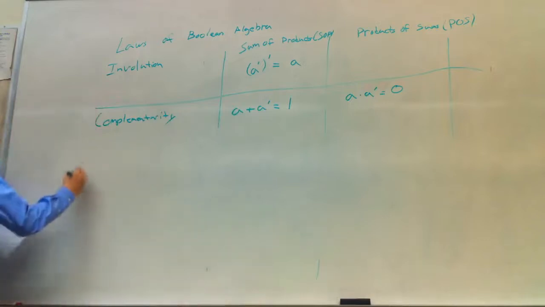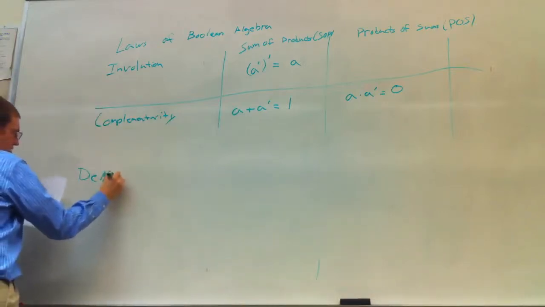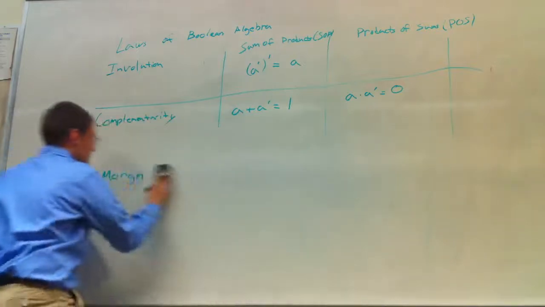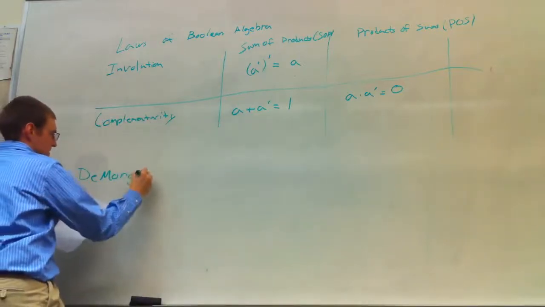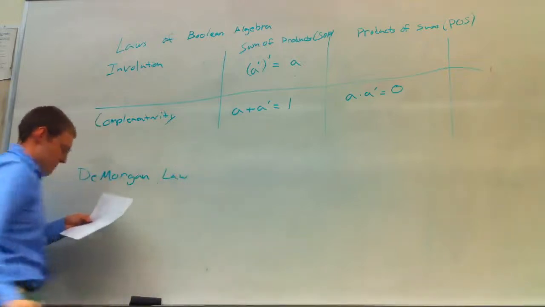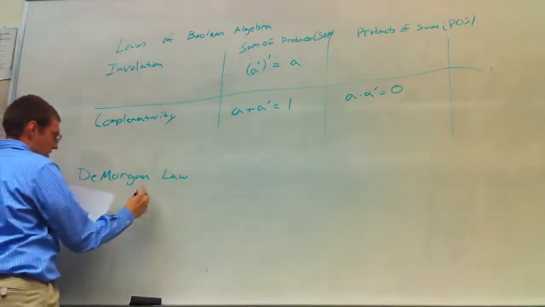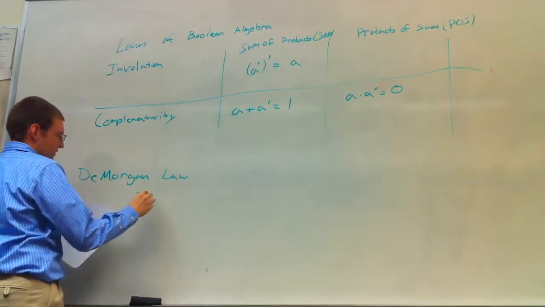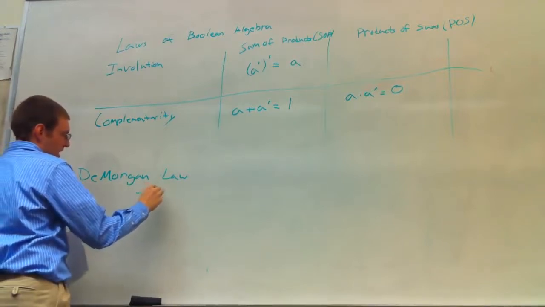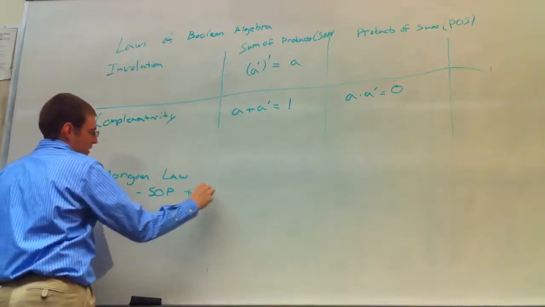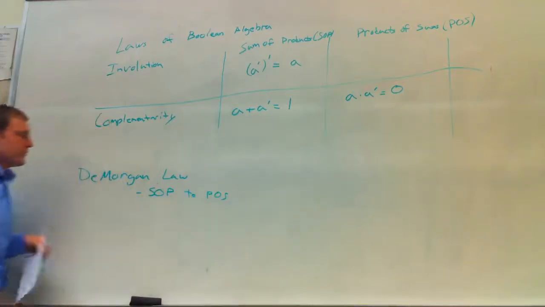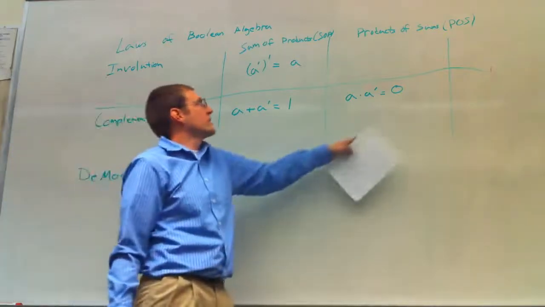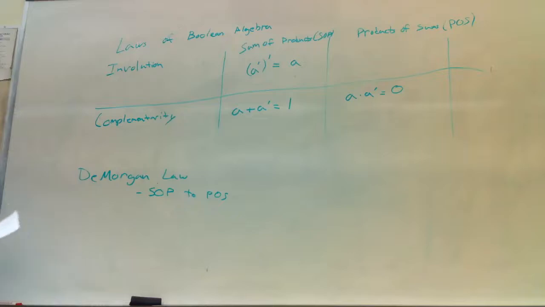We give it its own separate name, so this is called De Morgan's law. Basically we can get from SOP to products of sum. Basically, we can convert a function from products of sum to sum of products.